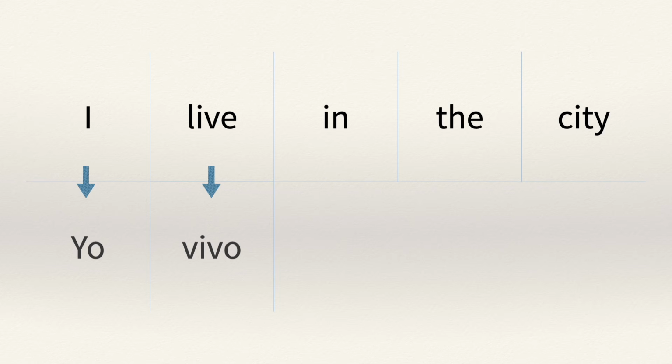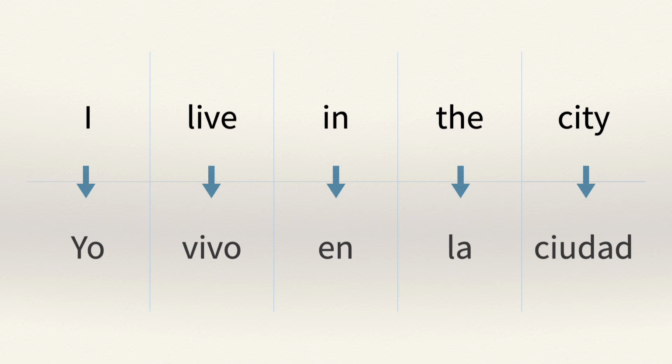And how do you say in? En. The. So here, city is a feminine singular noun. We're going to use la. How do you say city? Ciudad. Yo vivo en la ciudad. Or vivo en la ciudad. Your turn to practice. Yo vivo en la ciudad.